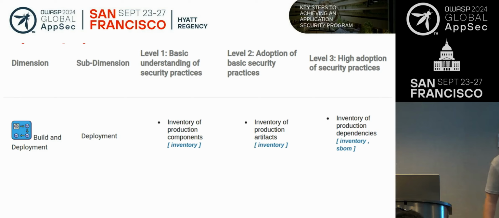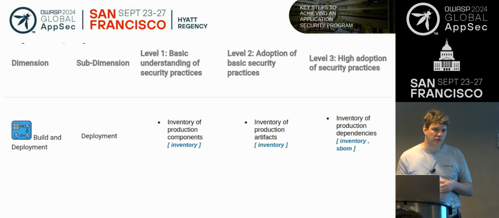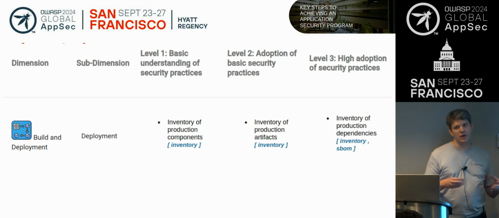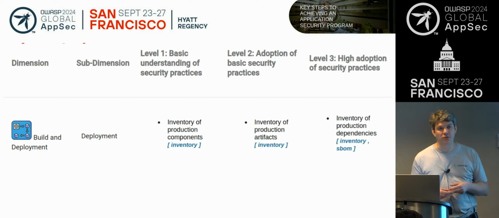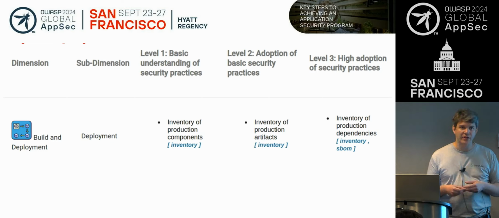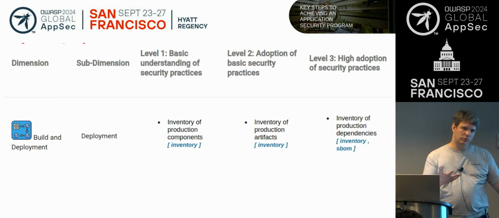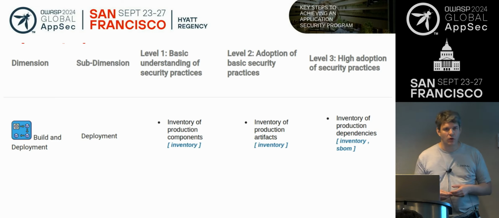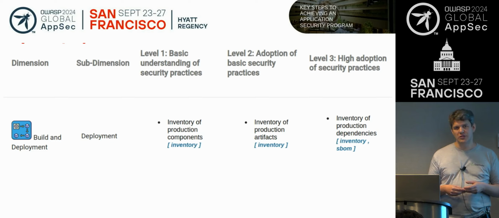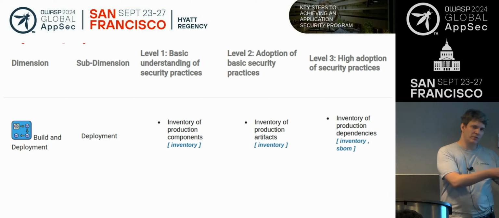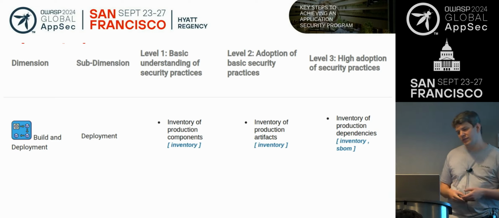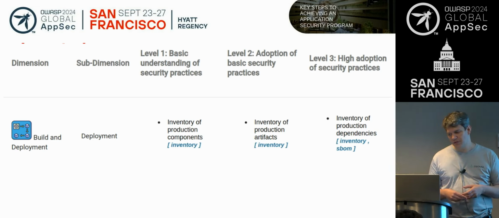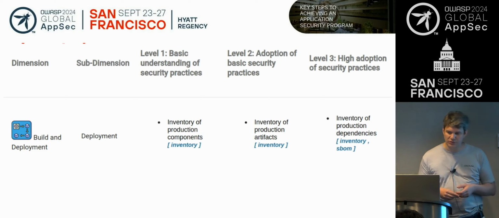Then on level 2, I would like to have more information. I would like to have an automated inventory of production artifacts. That could be a microservice. Nowadays, an application often consists of multiple artifacts, multiple container images. I would like to know all the different services in production, the ones we develop by ourselves, and the open source or other third-party components.